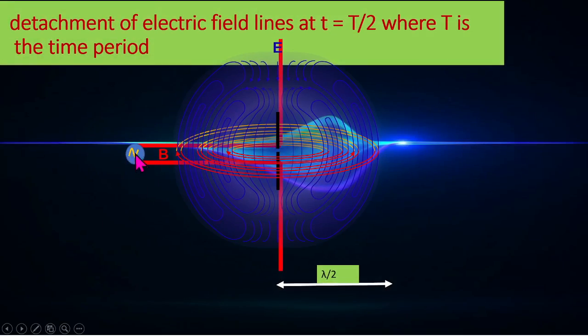So after that, if you continuously apply this AC signal, you will be getting the loop formation, which will be traveling away from this dipole antenna. Here also it happens at this side as well as this side. And we'll be having the magnetic field lines which are encircling this dipole element.